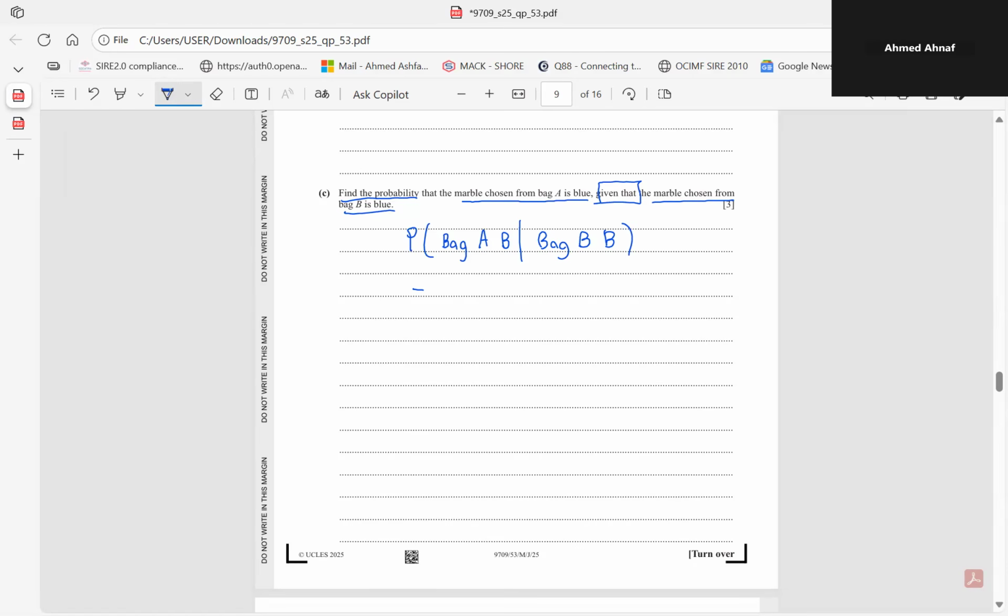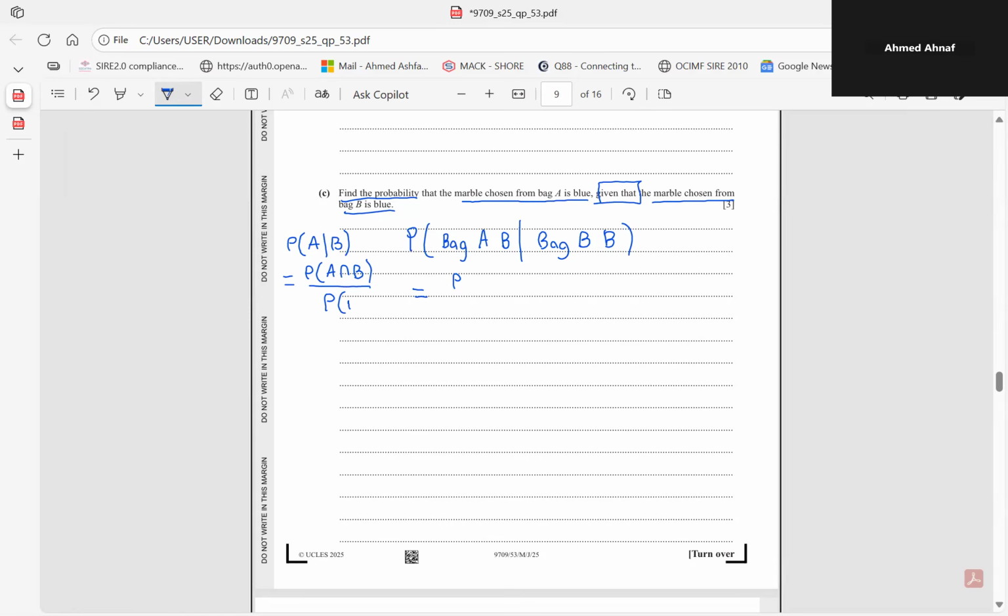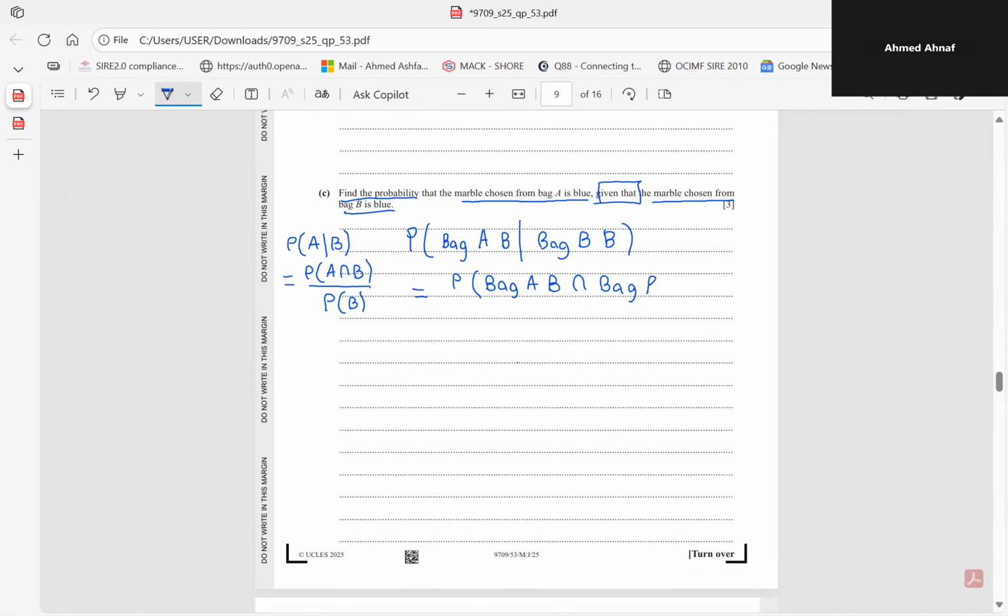All right, so you have to recall that for the probability of A to happen, given that B has happened, it's just the probability of A and B happening over the probability of B happening. So we're going to use this formula. You first have to find the probability of bag A blue and bag B blue.